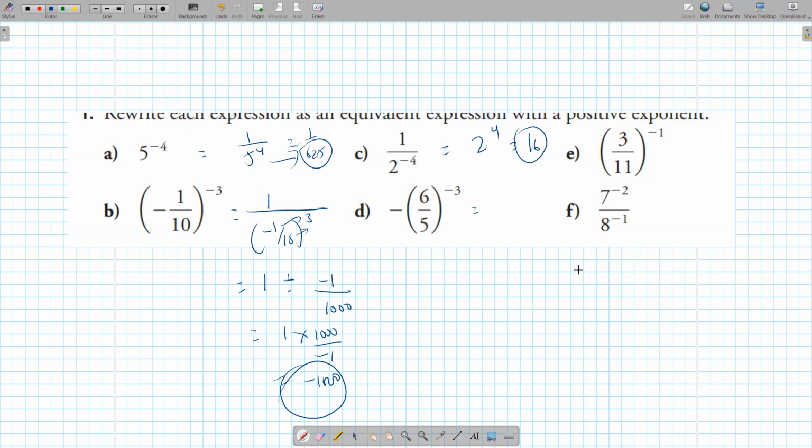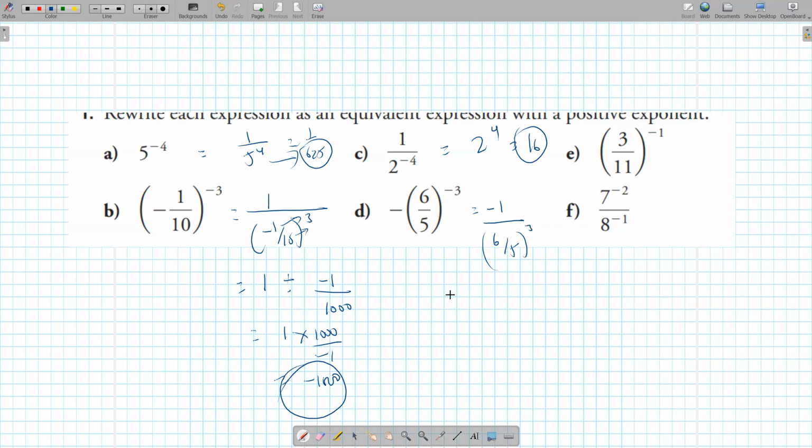I mean under? Yes, you can do that, but you have to be a little bit careful. The exponent does not apply to the negative sign, right? Look at the difference between B and D. In B, the exponent also applied to the negative sign, but in D, it does not apply to the negative sign. So we're going to leave the negative sign in the numerator as it is, and throw the other parts to the denominator like that.